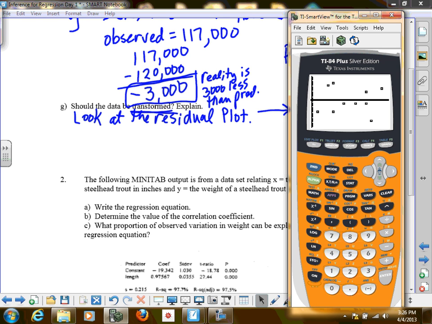So, talk to me about what we're seeing. I see no pattern. I see data located on either side of the line, the whole way. So to me it looks like that line in the middle goes through the data with things sprinkled on each side evenly.